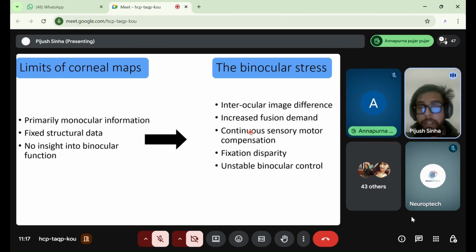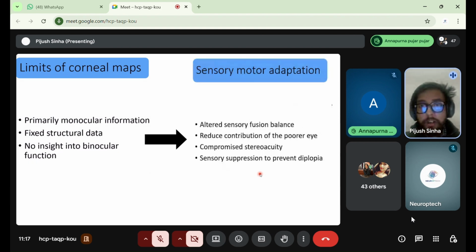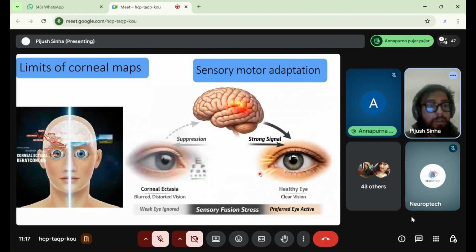This fixation disparity reflects the stress in the fusion system, not necessarily that any squint is present. There is no squint present, but the fusion is disturbed here, and ultimately it leads to unstable binocular control. So here you see in this picture a long-standing war going on between the eye and the brain.